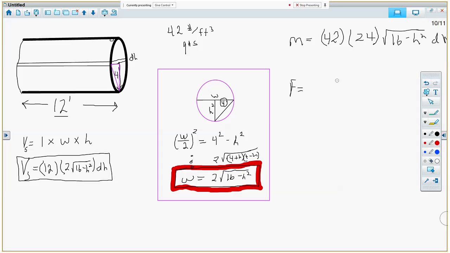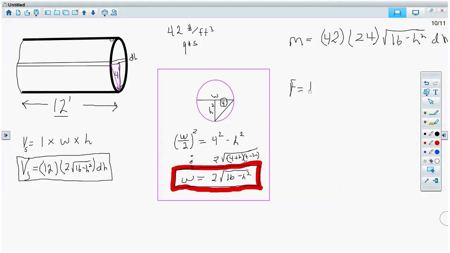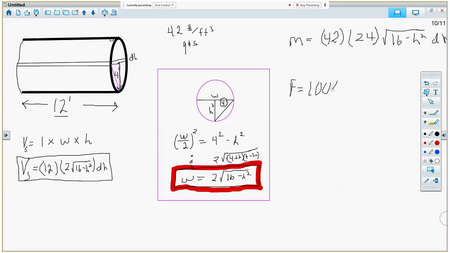So 42 times 24. Well, 42 times 20 is 840, plus 168, 1008. Somebody check my math. Then times the square root of 16 minus h squared times 8 minus h.